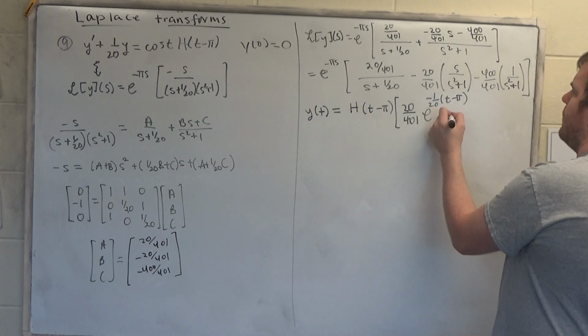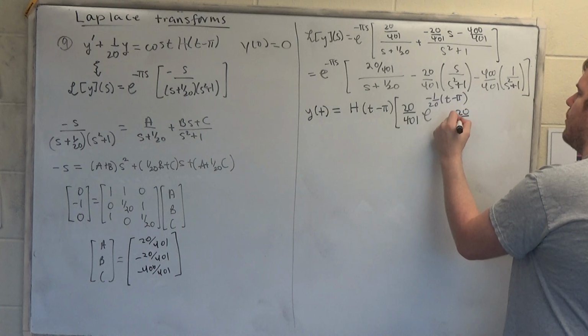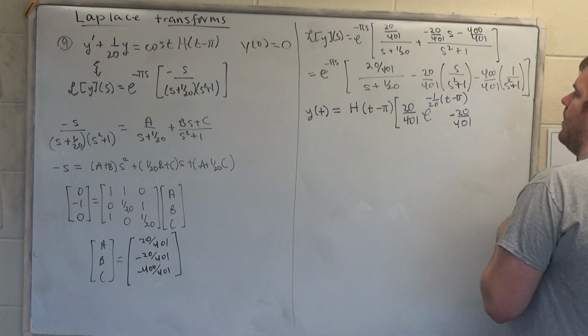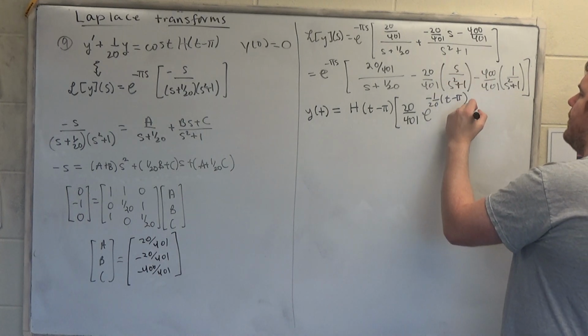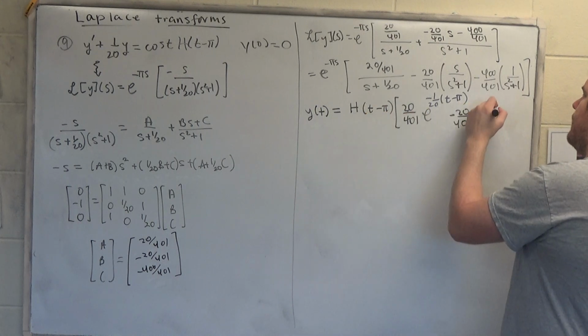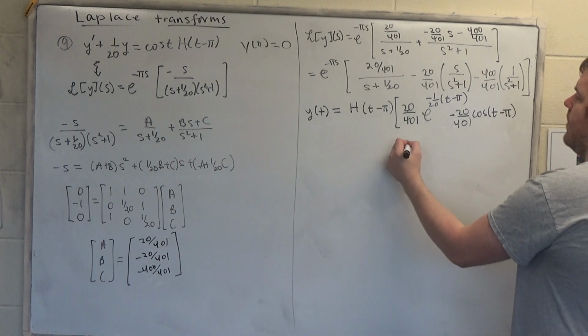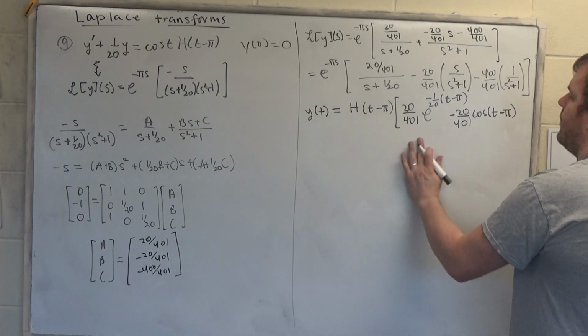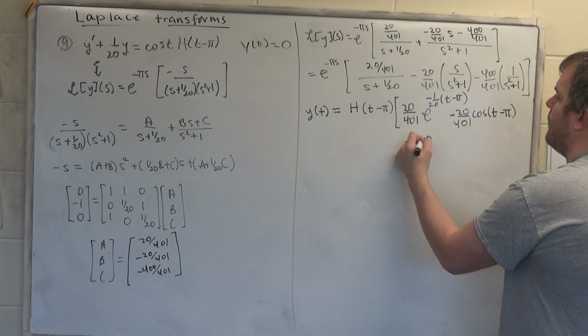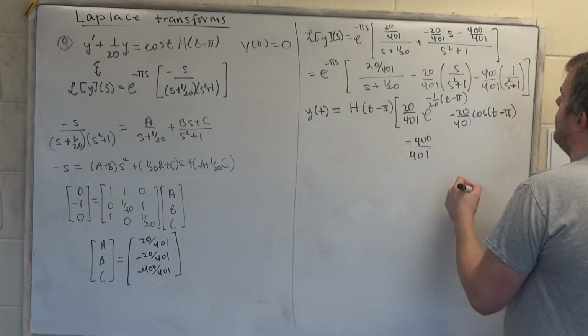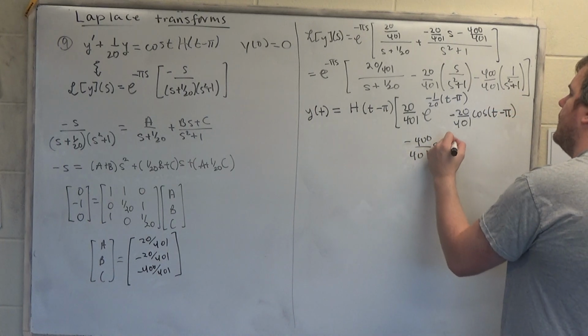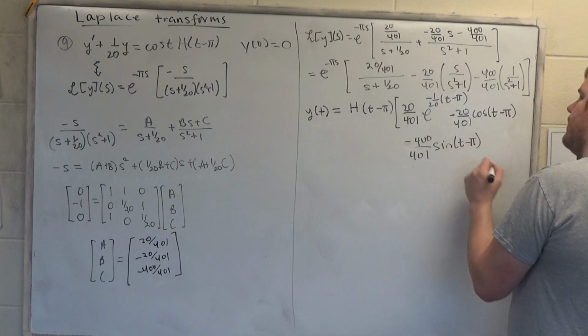And then the next term is going to be minus 20 over 401. And this would normally be cosine of t, but because it's touching the Heaviside function, cosine of t minus pi. And my last term is minus 400 over 401. This would be sine of t, but sine of t minus pi.